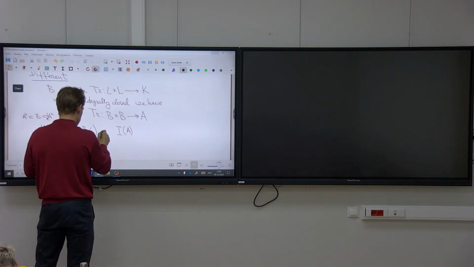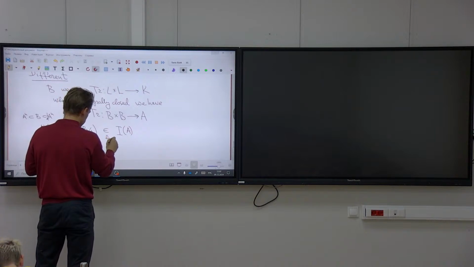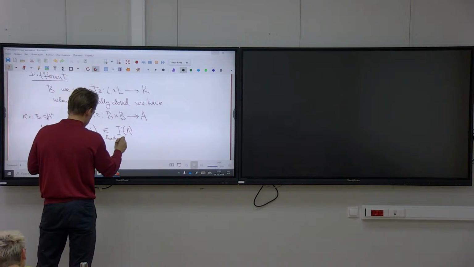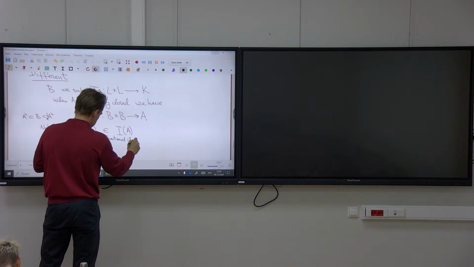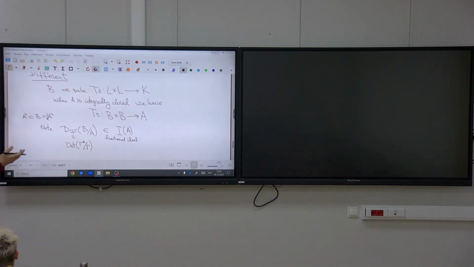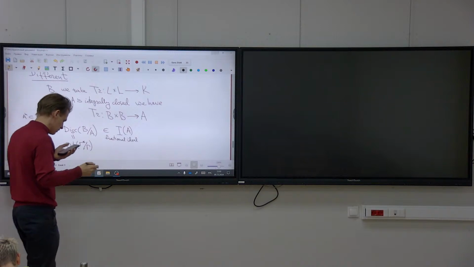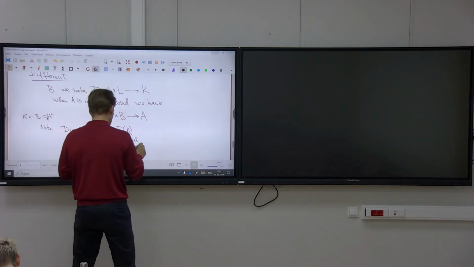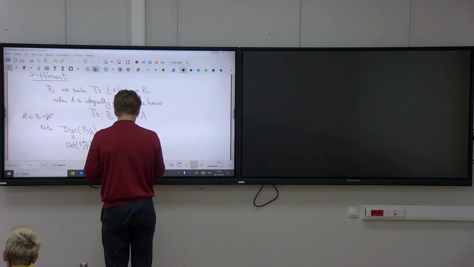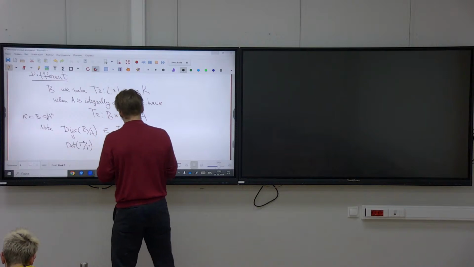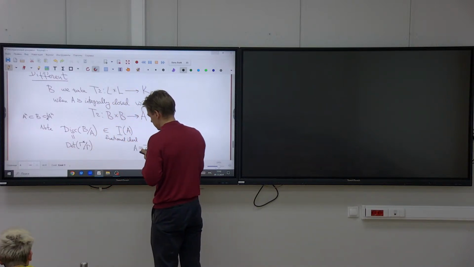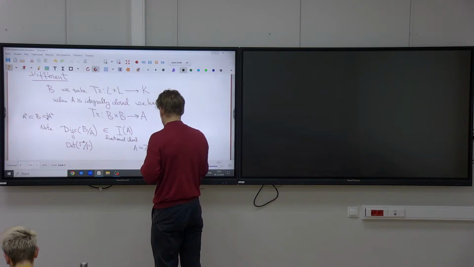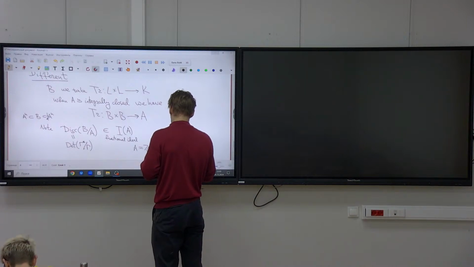So it is a fractional ideal. And notice that if A is equal to Z, then it is just an integer number. So the discriminant is an integer number.